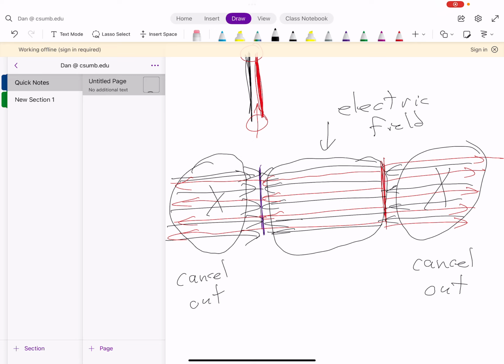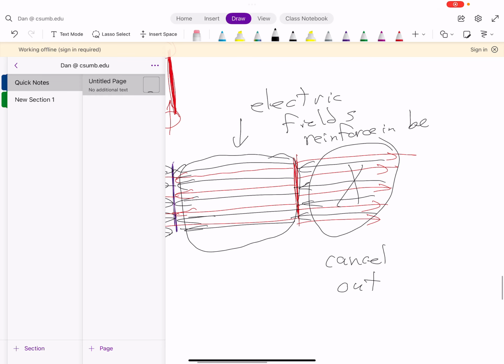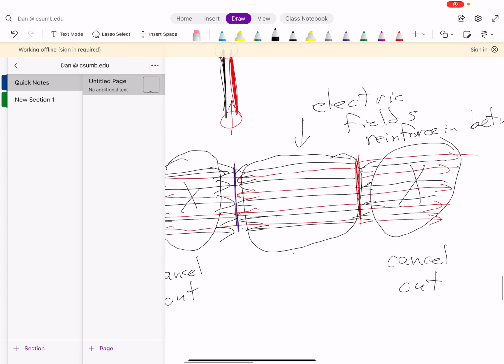So if the planes of charge have the same amount of charge per unit area on them, then the electric field strength inside here is going to be double what a single plane would have produced.